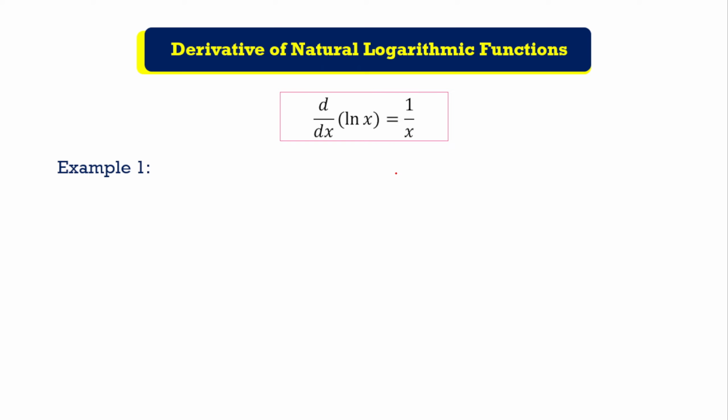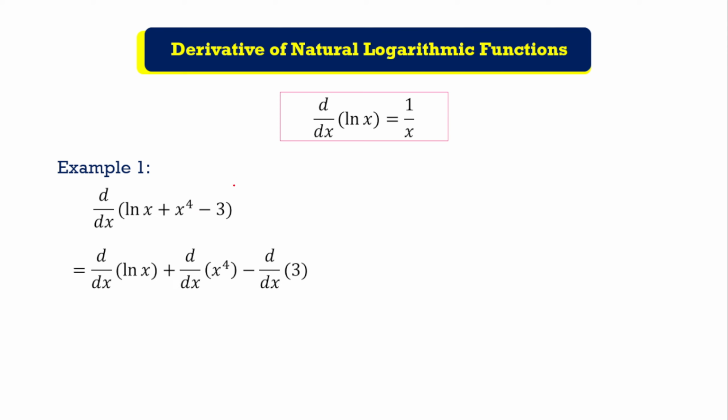For example, applying the natural logarithmic rule: the derivative of ln x plus 4x raised to 4 minus 3. What we do here is apply the sum and difference rule, take the derivative of each term. The derivative of ln x is 1 over x.